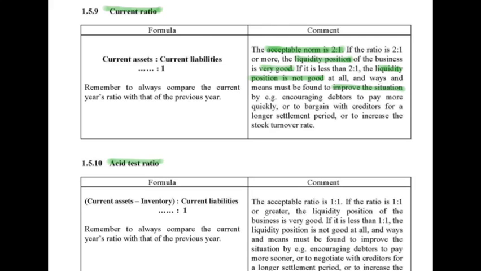I've now seen that there's a problem with liquidity, so I can zoom in either into debtors or into creditors or into stock. So I can go and see whether I must encourage my debtors to pay more quickly, bargain with my creditors for a longer settlement period, or increase the stock turnover rate.